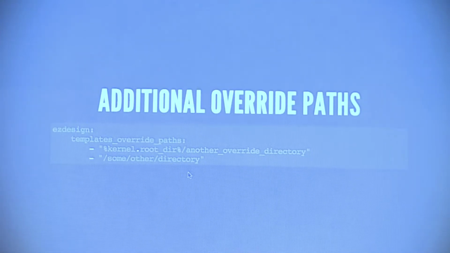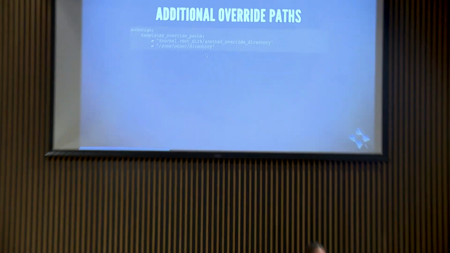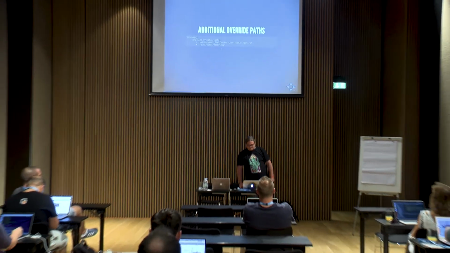You can also add additional override paths, like the app/Resources/views one. It can also be somewhere else in the system, since this is used by the Twig file system loader. So it can be anywhere accessible by the system anyway.